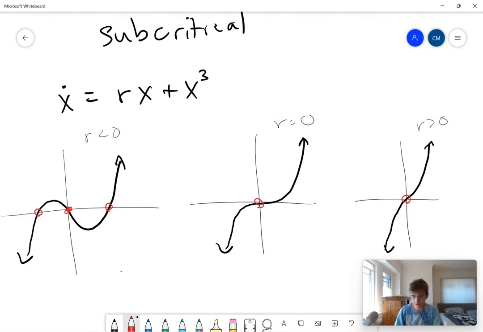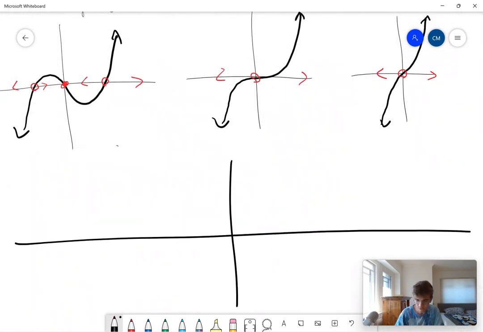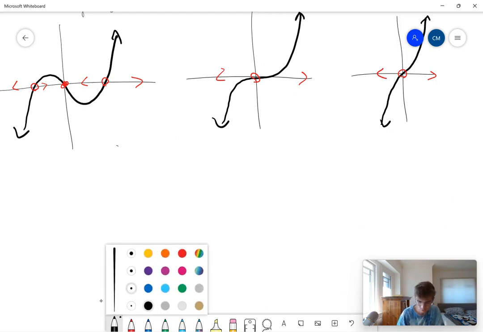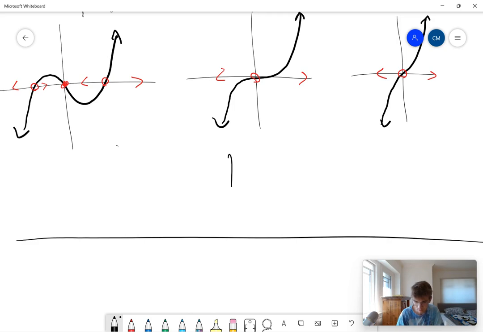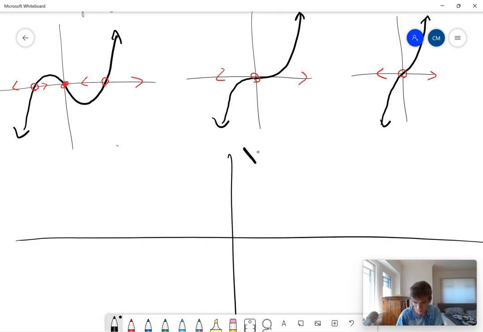And so let's look at the bifurcation diagram and just plot what happens here. So if I draw my bifurcation diagram, actually I want to make this small. I'm going to have x star and r.